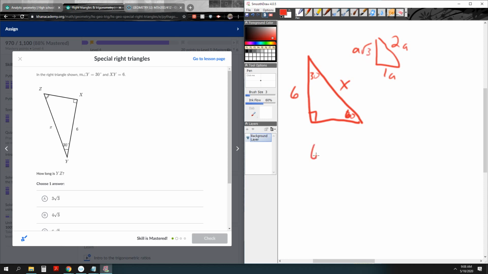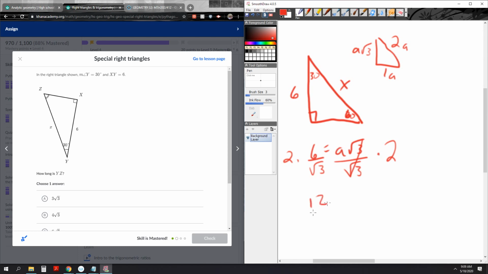So 6 equals a root 3. How would we turn the 6 into 2a? We need to divide it by square root 3 to get rid of the square root 3. So that's gone. And then we need to times it by 2 to make it be 2a.